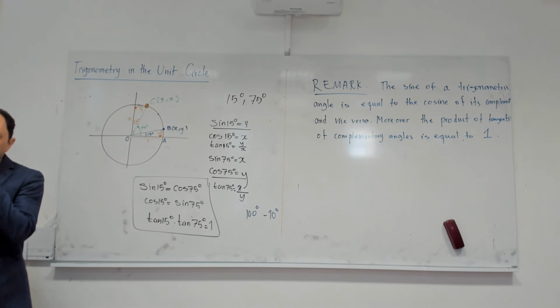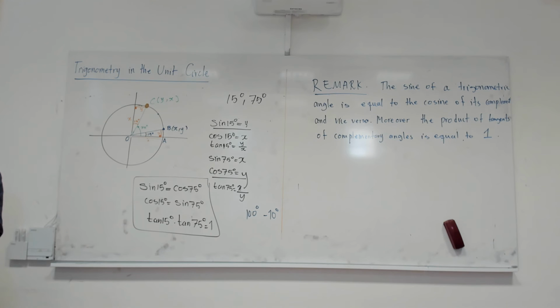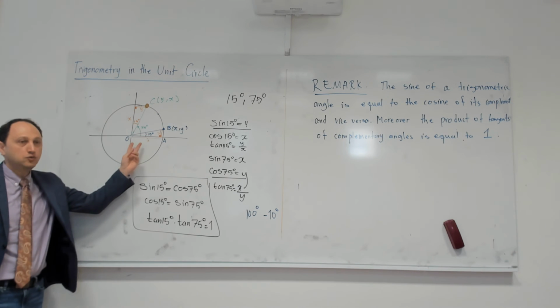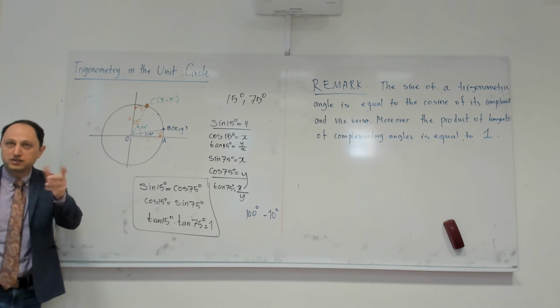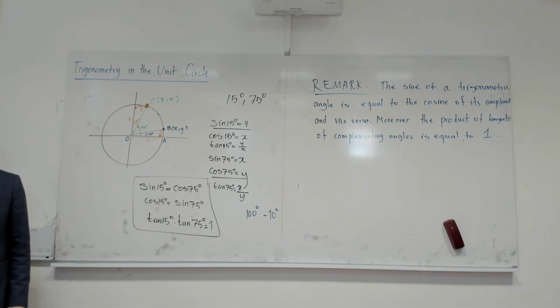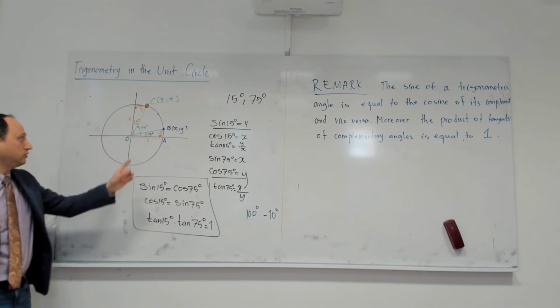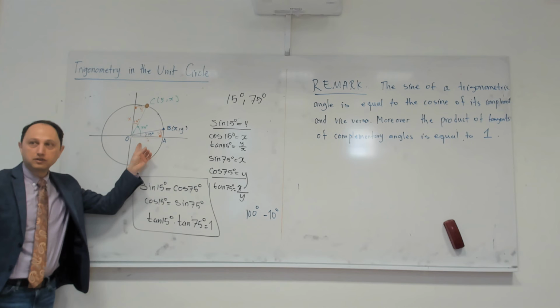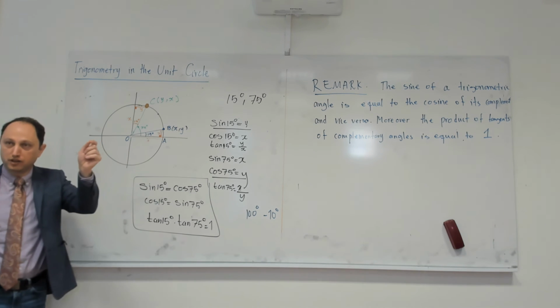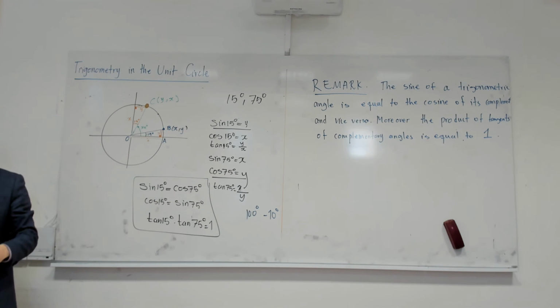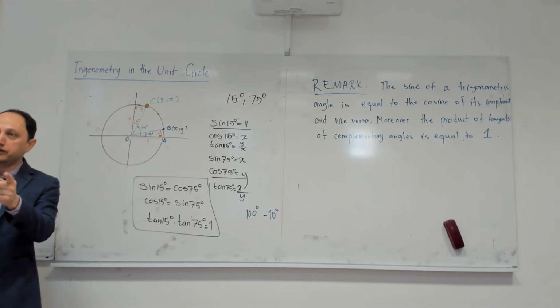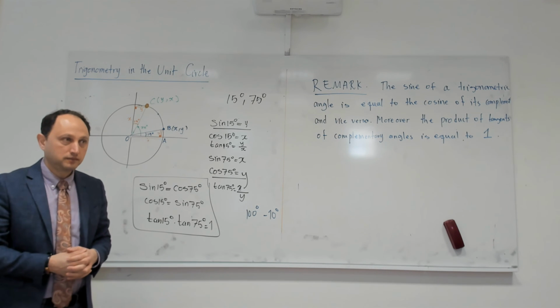For example, if I tell you 30 degrees, for 30 degrees you have two ways to understand the sine of 30 degrees. Either you use this setup to read the y coordinate of the final point, or you draw a right angle triangle whose one of the angles is 30 and try to measure the opposite side and the hypotenuse and then divide them.